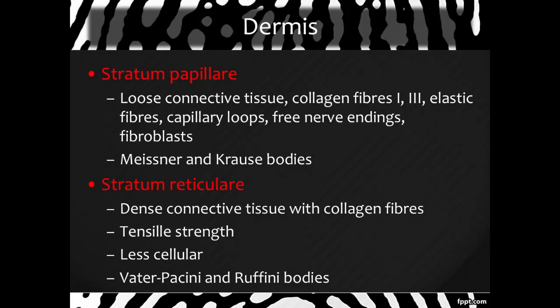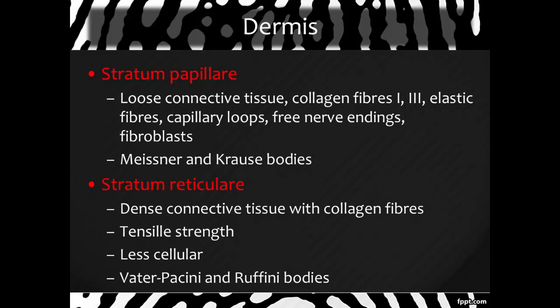Okay, now let's talk about the dermis. Dermis is the deeper layer under the epidermis, and it is divided into two layers. The superficial stratum papillare is attached to the epidermis by the papillae, as I mentioned, which are some kind of finger-like connective tissue protrusions.